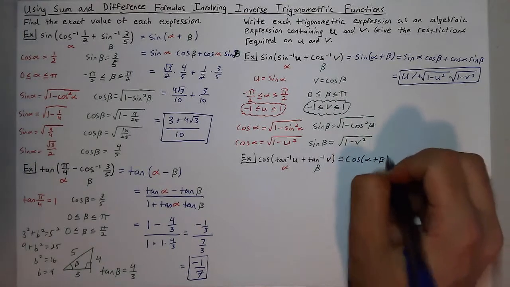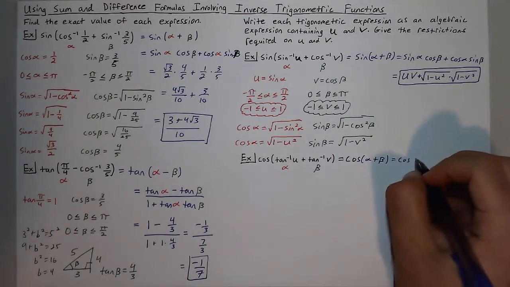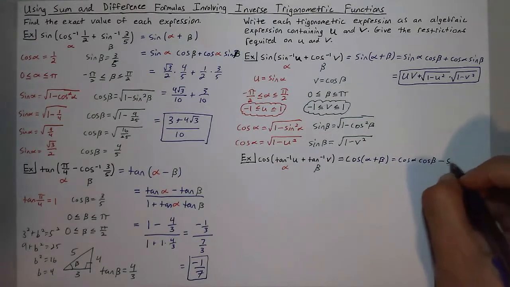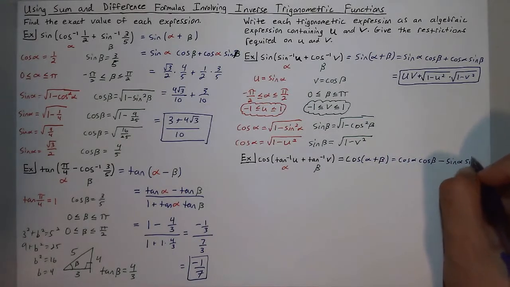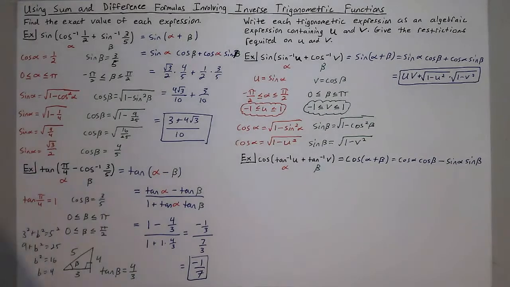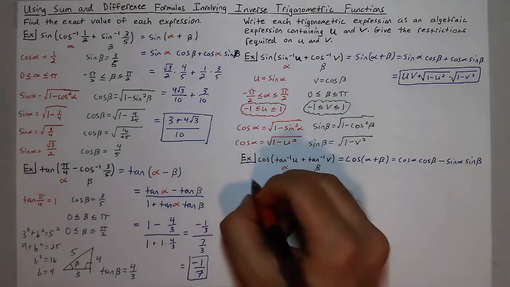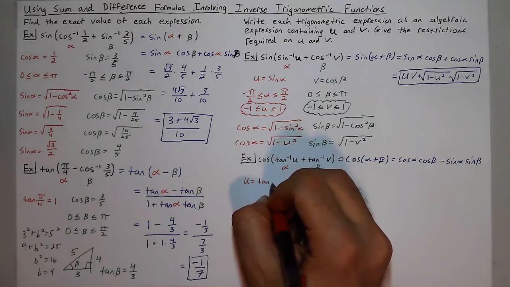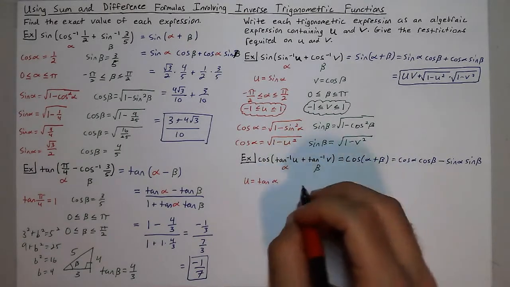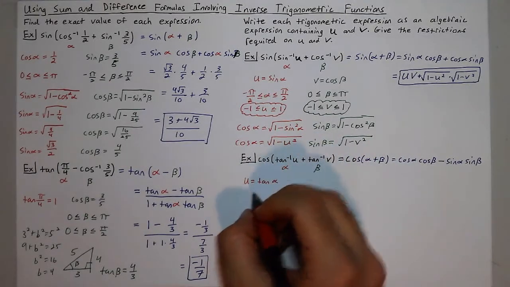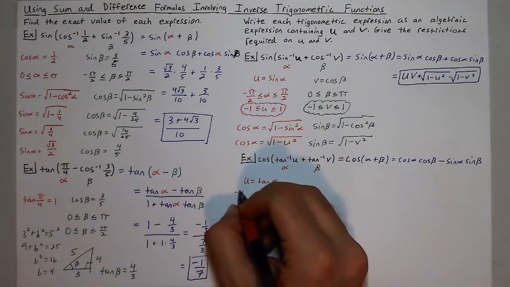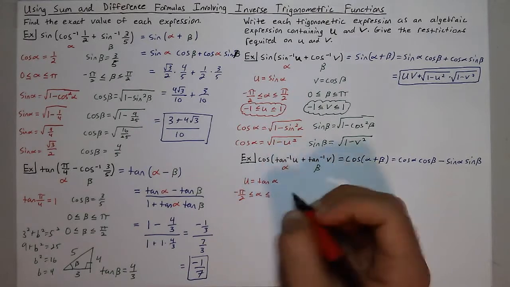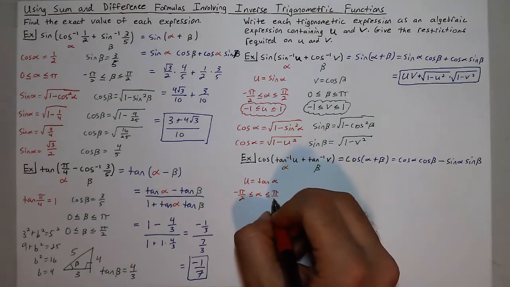That's cosine of alpha, cosine of beta, minus sine alpha, sine beta. So now I can say here that u is equal to tangent of alpha, which means that alpha must be between -pi/2 and pi/2.